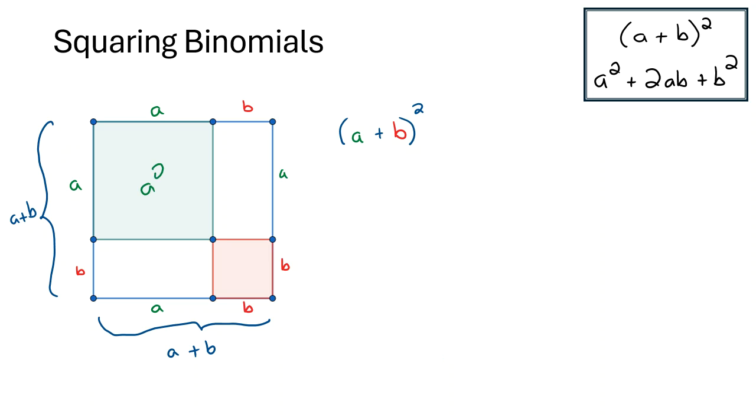Well, this piece right here has area of A squared. This piece right here has area of B squared. This piece is B times A, and this piece is also B times A, or you could write it as A times B, or AB. So if I want the total area, it's going to be A squared plus 2 of those ABs plus B squared.